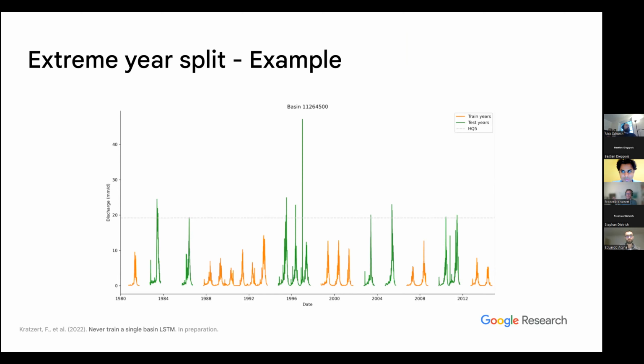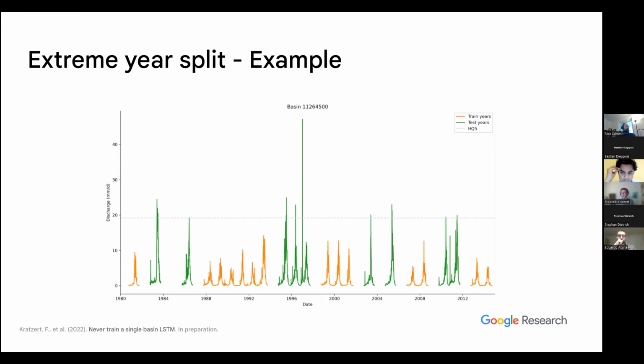this very extreme example. Assume we take a basin, or a lot of basins, and we split the data differently. We don't split the data with a usual temporal split into training and validation data, but we split the data based on return periods of the annual peak. Every year where the maximum annual peak is below a 5-year return period is a year that we use for training.